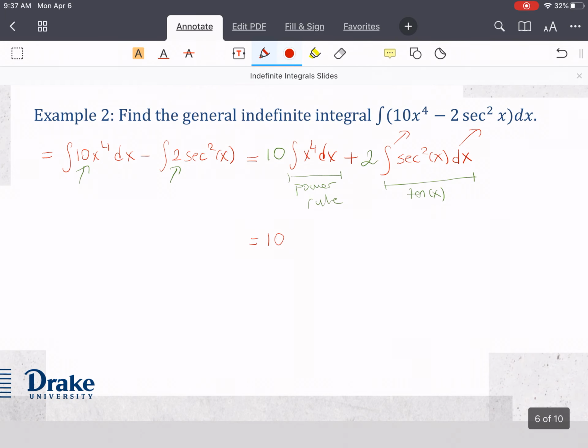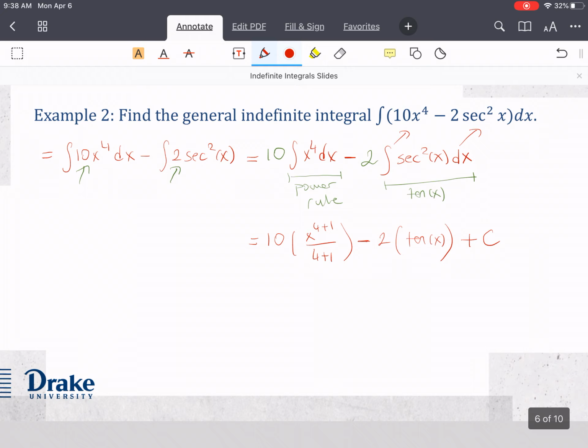So we keep the 10, and then apply the power rule: x to the 4 plus 1 over 4 plus 1. And what I realized is this middle needs to be negative, so minus 2 times tangent x. Because these are indefinite integrals, we have to have a c at the end.